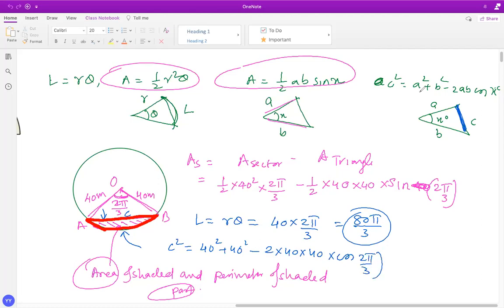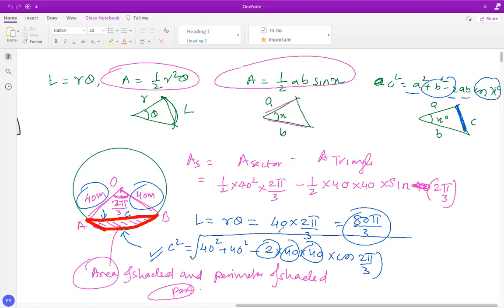If you look at this formula, a squared is 40 squared, b squared is 40 squared, and 2 times a times b is 2 times 40 times 40, times cos of 2 pi by 3. This can be calculated using your calculator. You can find the c squared value, and of course you have to take the root of this answer to get the exact c value. Then you add this length to the arc length in order to get the perimeter.